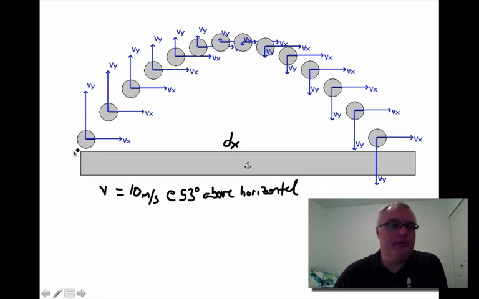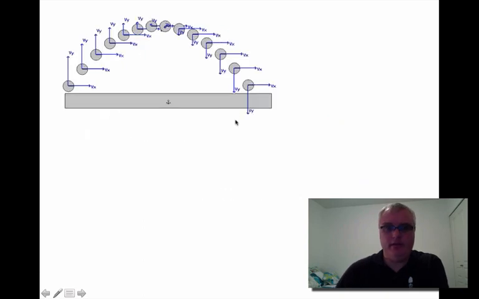Okay. So that would be this vector here, 10 meters per second at 53 degrees. And we want to find the range, the horizontal displacement. So again, let me just make our diagram a little bit smaller so we have some room to work.